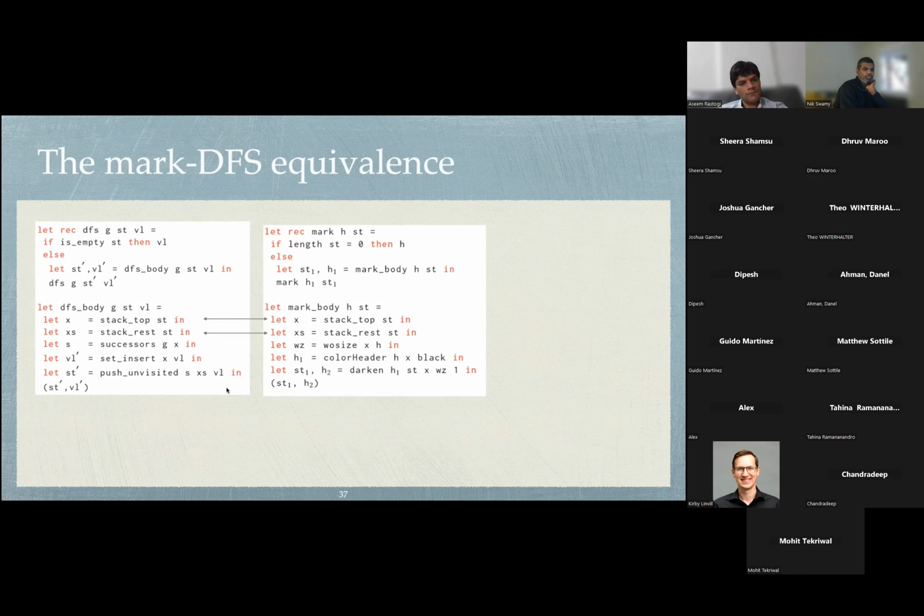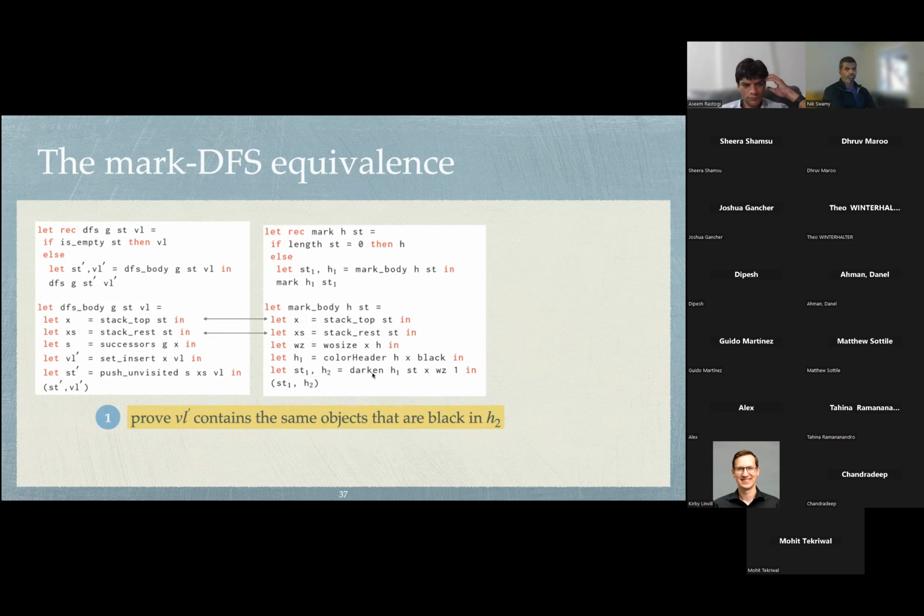So that's why we can see that functionally they are doing the same thing. Now, how will we prove that? In order to prove that, first we need to prove that after the DFS body, the VL dash produced by the DFS body contains the same objects that are black in H2, whatever darken produces.